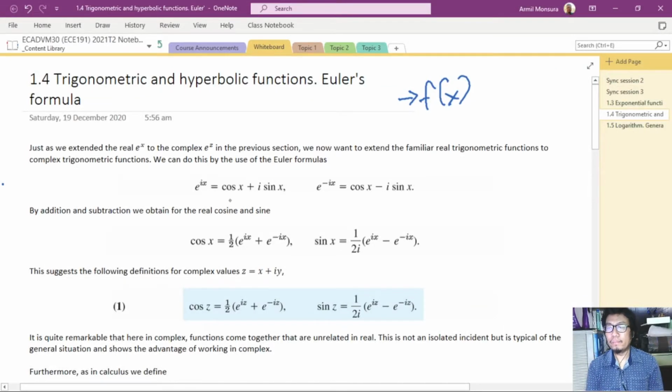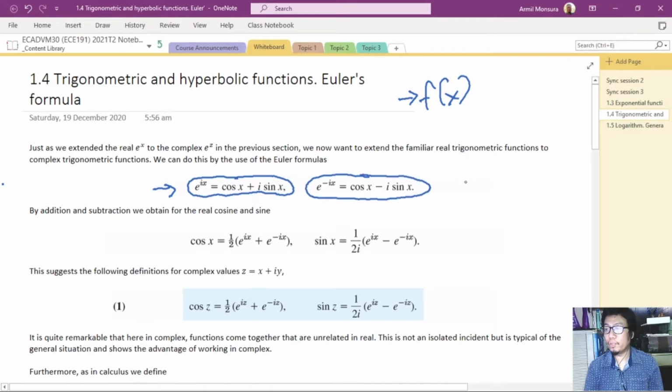is based on the fact that we can actually use the Euler formulas here, as we discussed them in the previous section. So we recall the Euler formula, and this also holds for the conjugate.